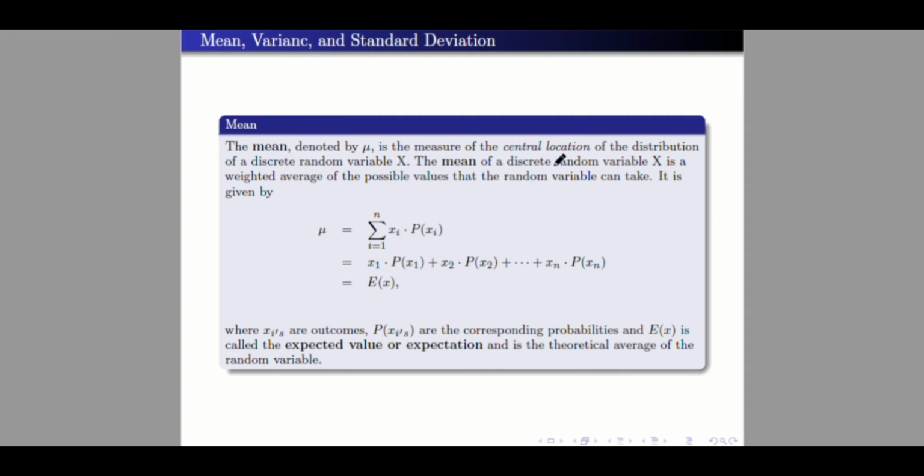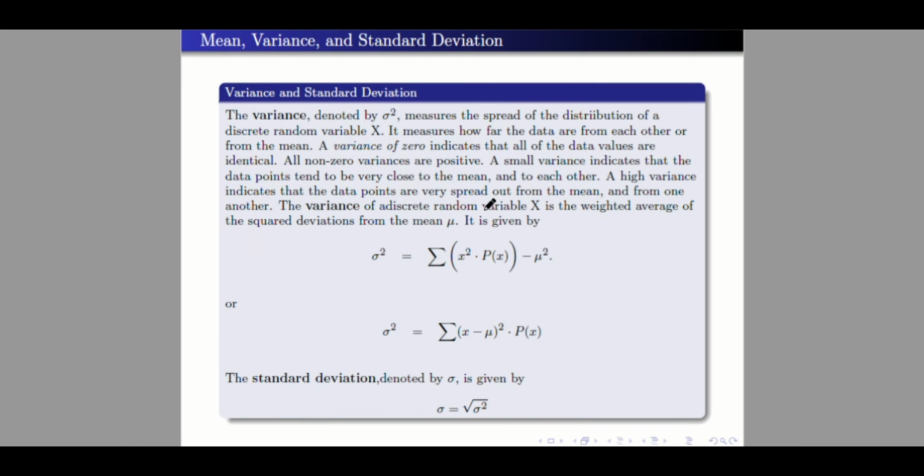So the mean of a discrete random variable x is the weighted average of the possible values that the random variable can take. So this is the formula. In expansion, we have this. And this is also the formula for the expected value or expectation.